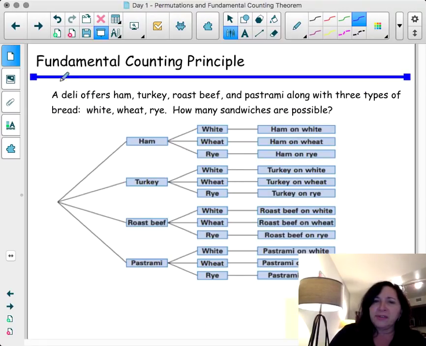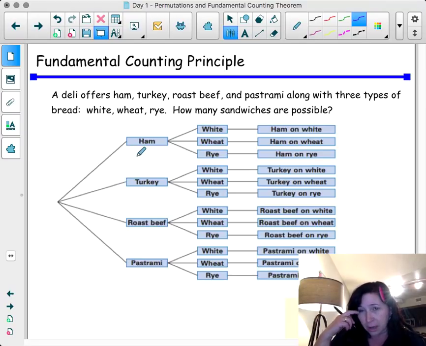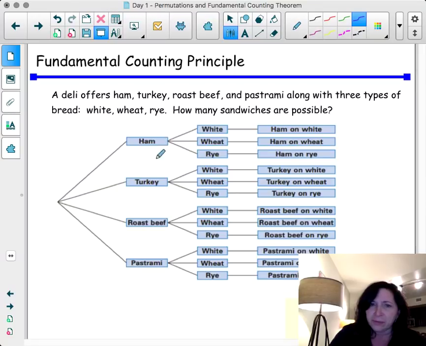So this is a deli that offers ham, turkey, roast beef, and pastrami, along with 3 types of bread: white, wheat and rye. So they want to know how many different sandwiches are possible. Well, we've got 4 types of meat and 3 types of bread.